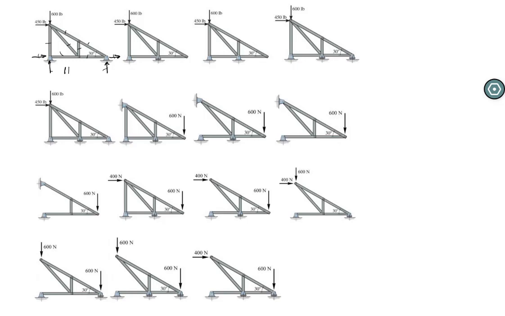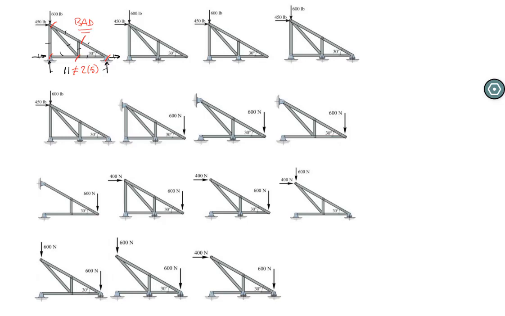Counting the joints, I get 1, 2, 3, 4, 5. Then 2 times the number of joints would be 2 times 5. And that is not equal. In other words, 11 does not equal 10. Therefore, this is a bad or not properly constrained structure.